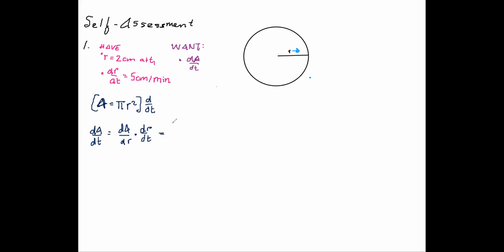It's going to be 2 pi r, times dr dt. Okie doke. So that is what I would do to figure out what my equation is going to be. Now I can plug some stuff in because I know what I want and what I have.